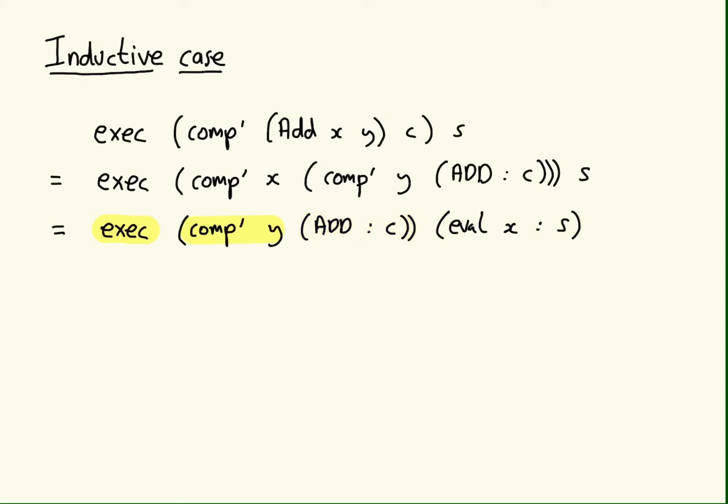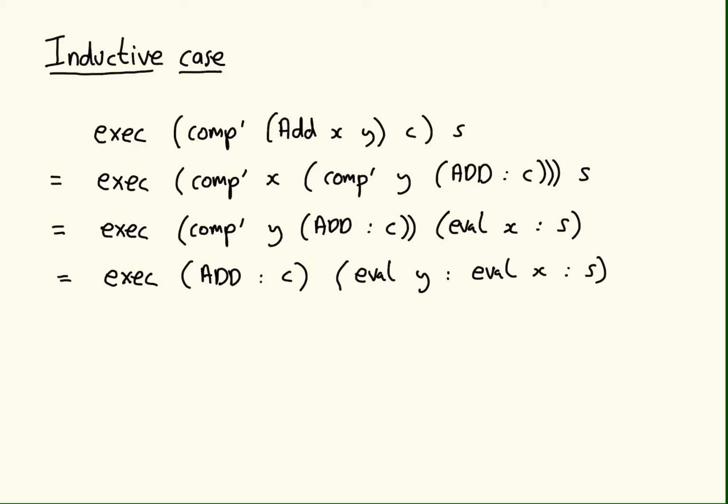So if I simply track through the appropriate instantiations and I apply the induction hypothesis for y, what I'm going to get is executing the result of the additional code, add followed by C. Then I'm going to put eval y on top of the previous stack. So I'll get eval y, eval x, colon s. And again, you may need to track through this yourself, kind of pausing the video and maybe taking a piece of paper. In moving from here to here, all I have done is applied the induction hypothesis for the argument expression y. So the rest of the proof is actually very straightforward.